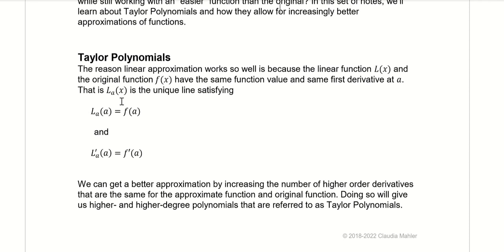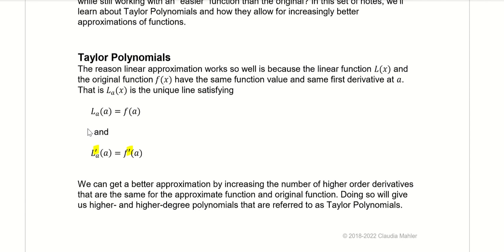The linear approximation, that tangent line, is the unique line such that the linear approximation at a is equal to the function value at a, and the first derivative of the linear approximation, the slope of the tangent line, is equal to the slope of the function at a, that instantaneous rate of change.